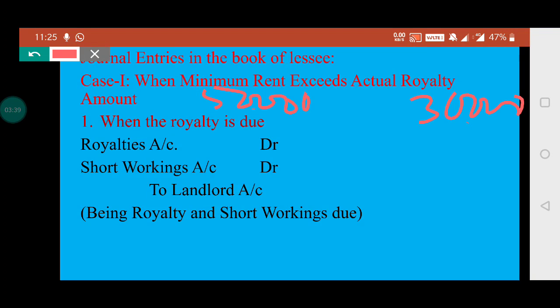The journal entry will be, when the royalty is due: Royalty account debit 30,000. Short working account debit, the difference of these two, that is 20,000. To landlord account, that is credit landlord account 50,000. It is the first entry. Narration will be being royalty and short working due.